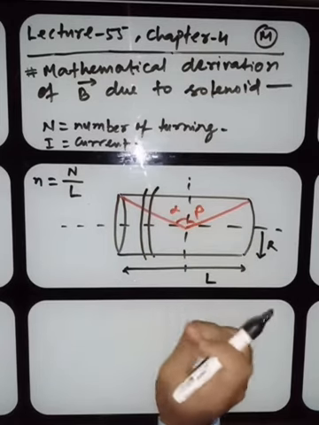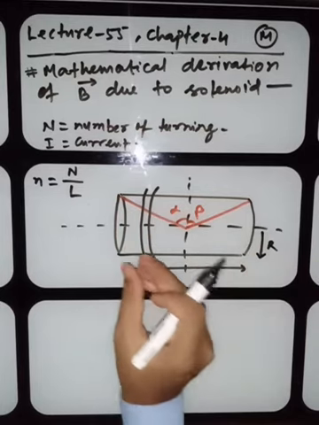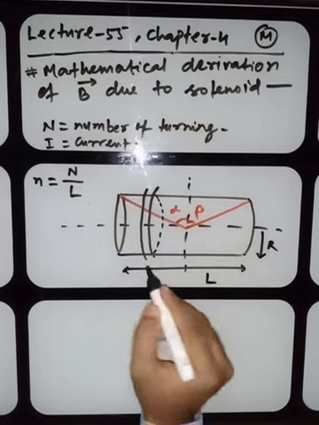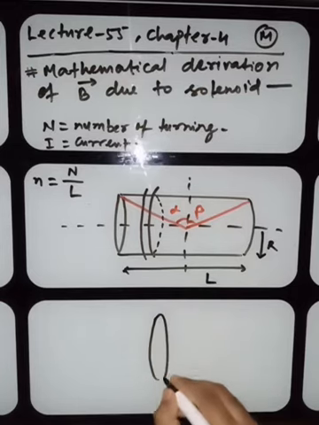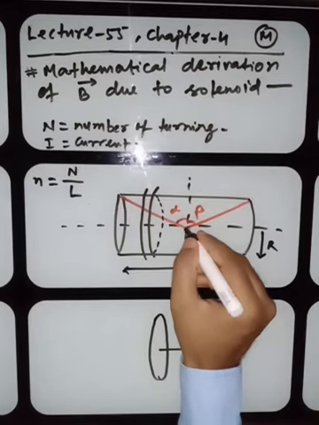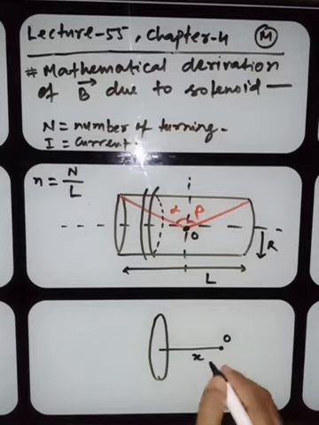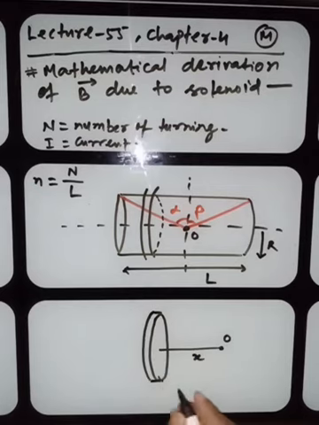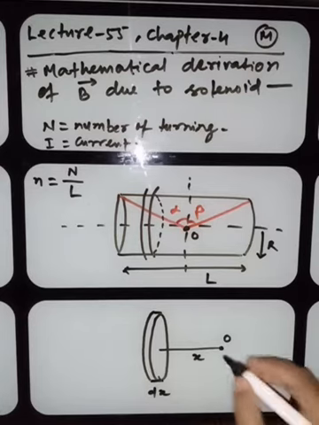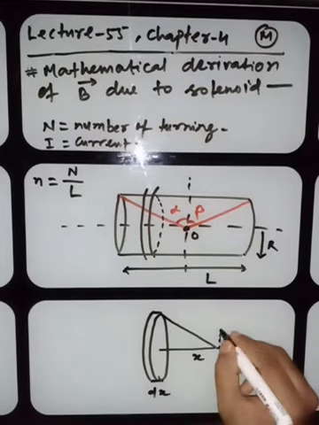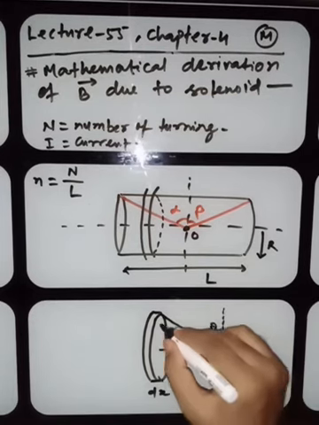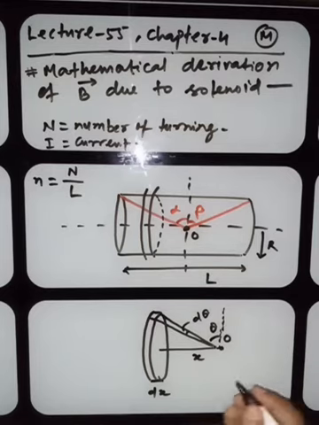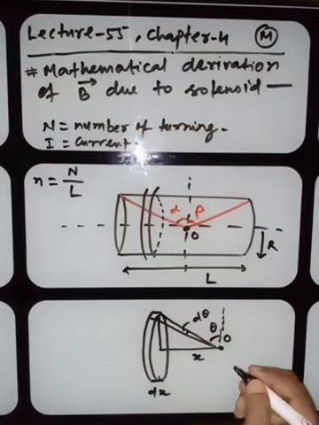We don't have a formula directly for the magnetic field due to a number of turns, so we cut an elementary section at distance x from this point O. We cut out a small section of thickness dx, at a certain angle theta, and this will be d theta. The radius is r.